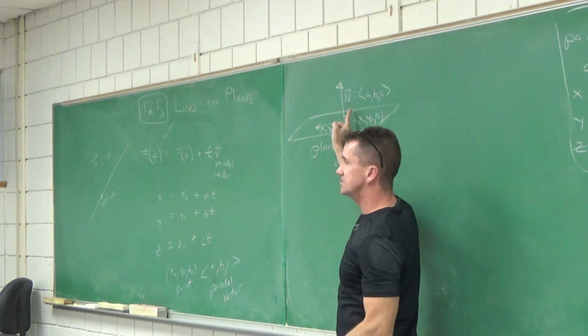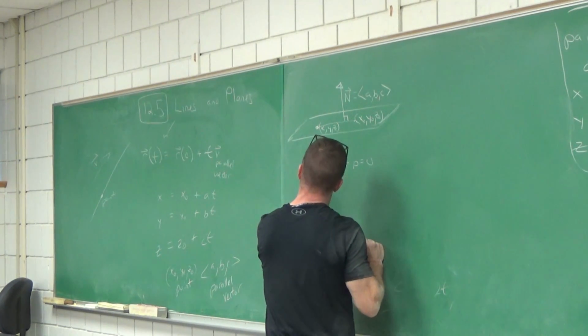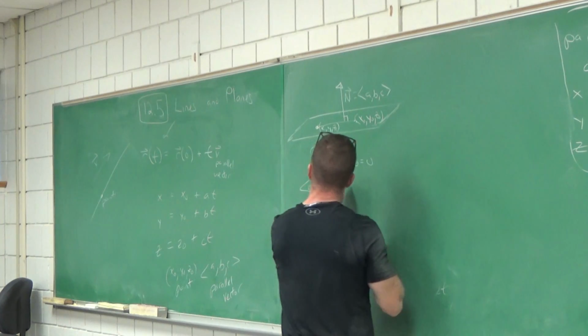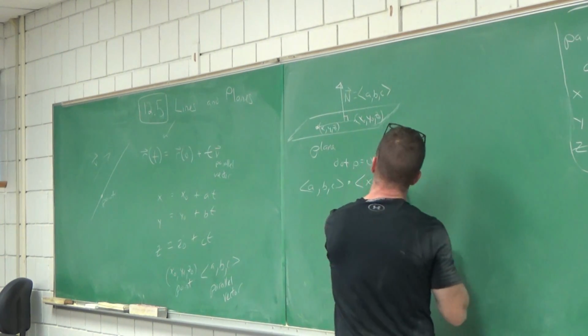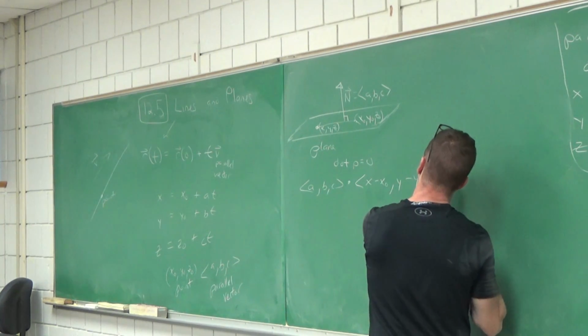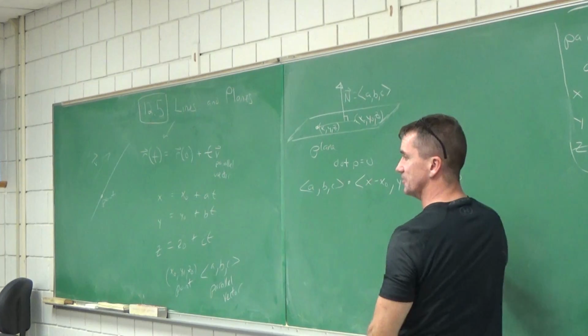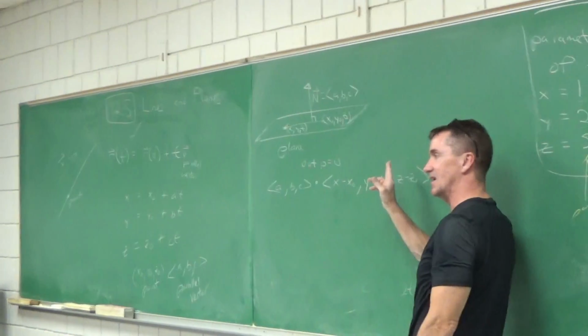One of the vectors is the ABC, right? What's the other vector? x minus x naught, y minus y naught, and z minus z naught. And what will this all equal to? It has to equal 0 because they're perpendicular, right?